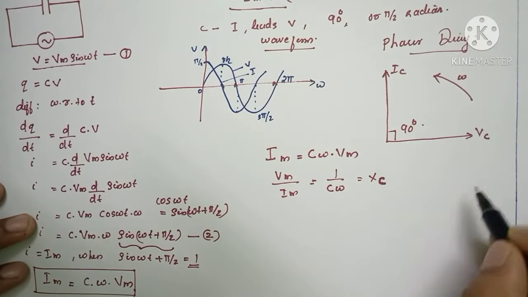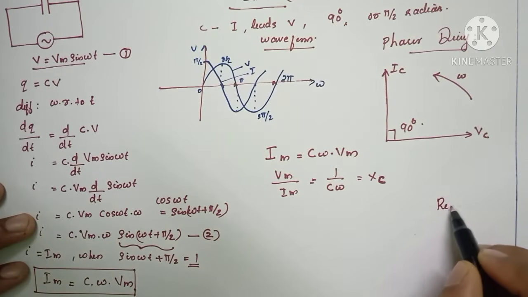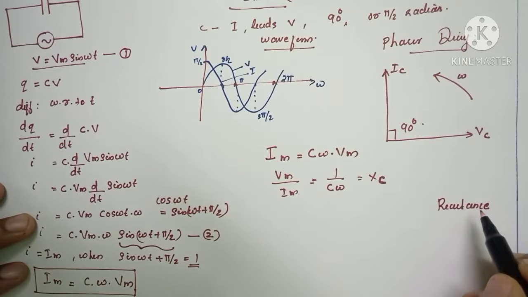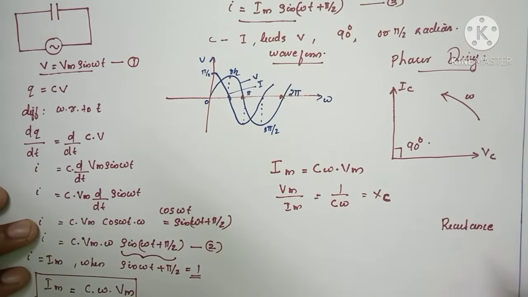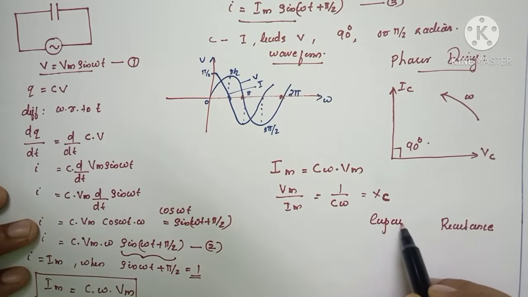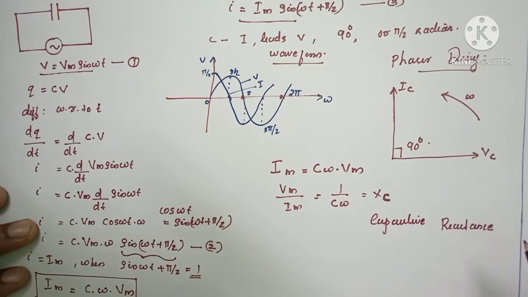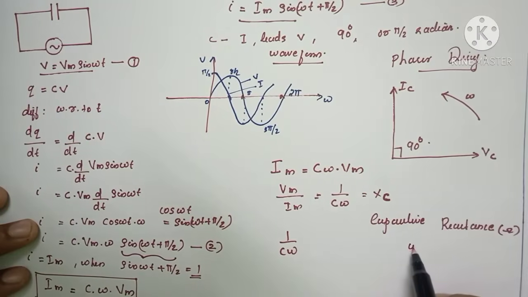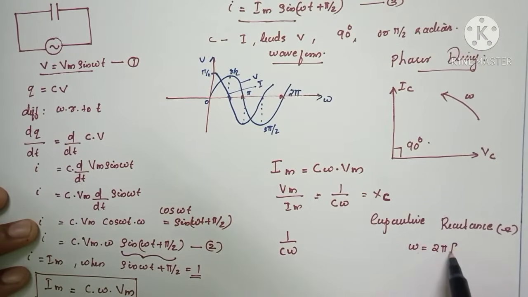XC is nothing but the resistance offered by the capacitor which will resist the flow of current through it, and it is known as reactance. Here, the reactance regarding the capacitor, XC, is the capacitive reactance, and its unit is ohm. 1 by C omega, where omega is nothing but 2 pi f, or frequency.